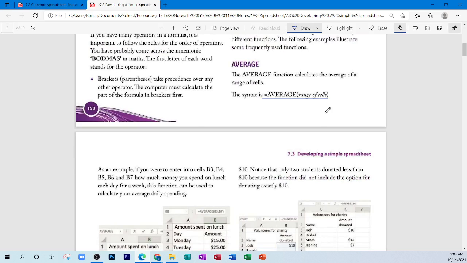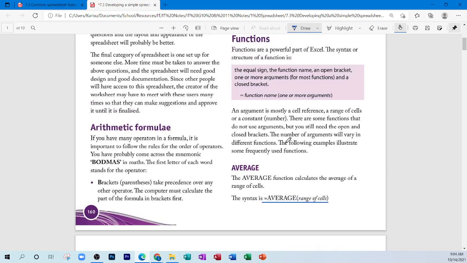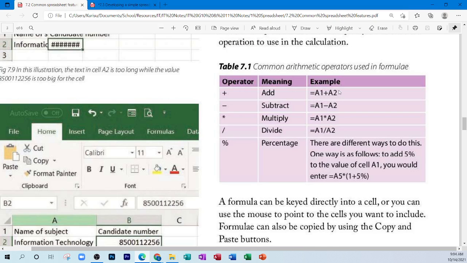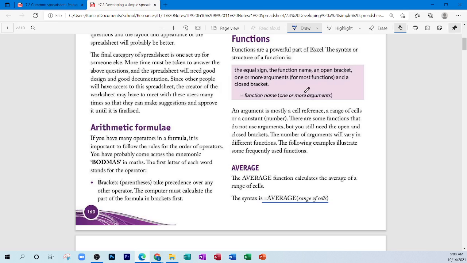That's one difference. Another difference is that in a function the calculation is built into the software, whereas with a formula you have to create that mathematical equation, that calculation.